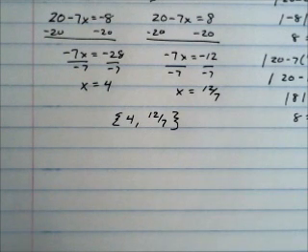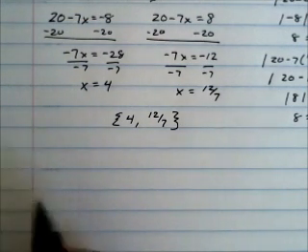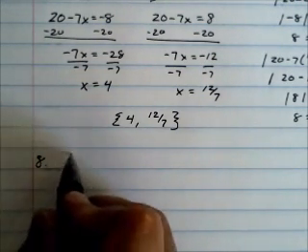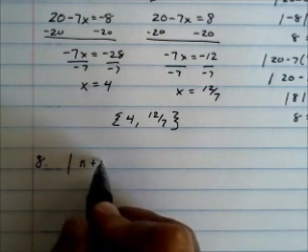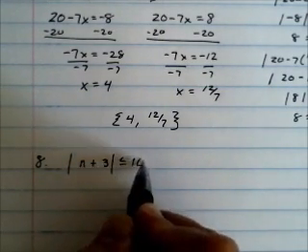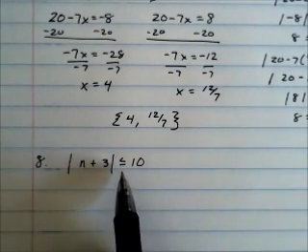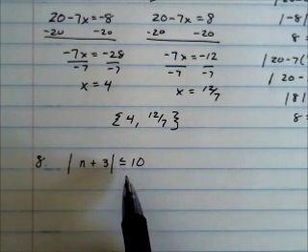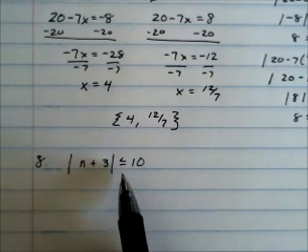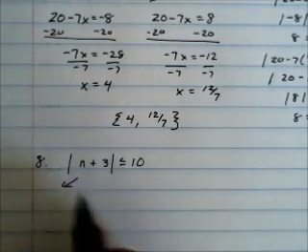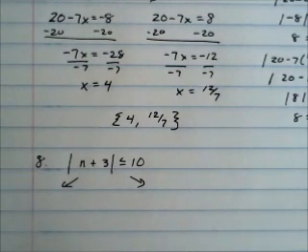Next, we're going to do number 8. This is an absolute value inequality: the absolute value of n plus 3 is less than or equal to 10. Now this is an inequality, less than, so we know that our graph is going to be shaded between our two values. Absolute value is isolated, so we break off into our 2 separate inequalities.